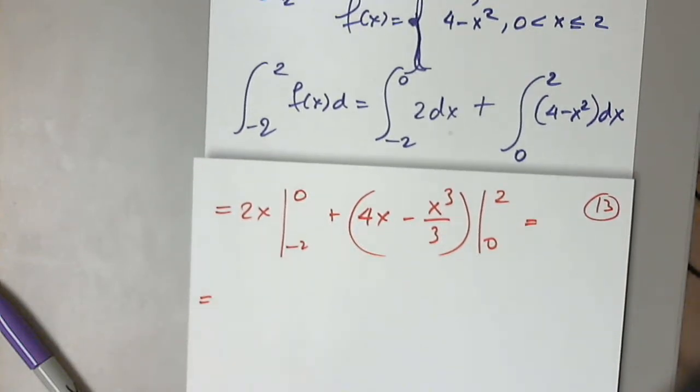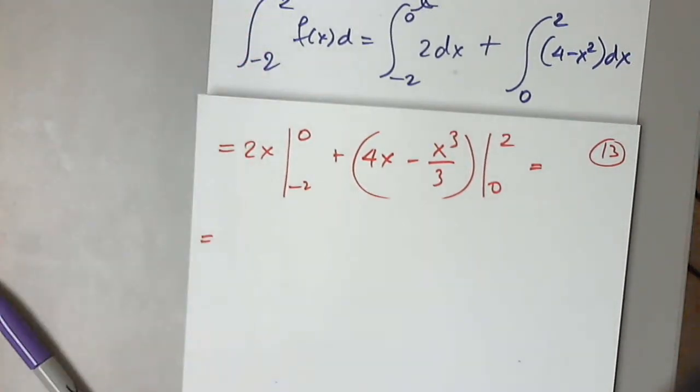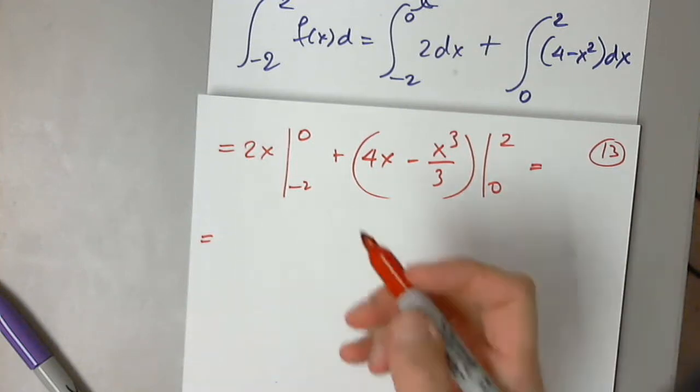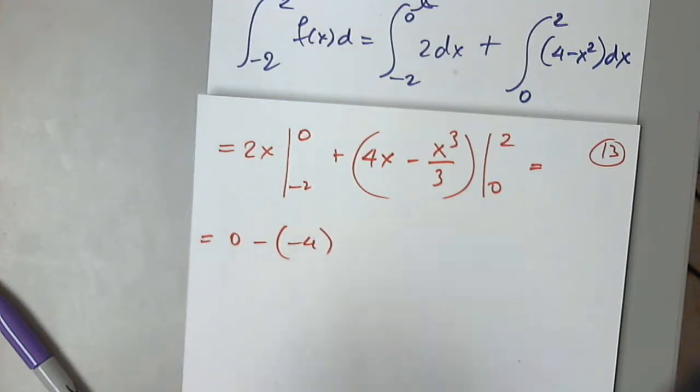Now we have to be careful. Remember, we have to plug in the upper limit, the 0, first, and then subtract when we plug in -2. Here we have to plug in 2 and then subtract when we plug in 0. So when we plug in 0, we get 0, minus when we plug in -2, we get -4.